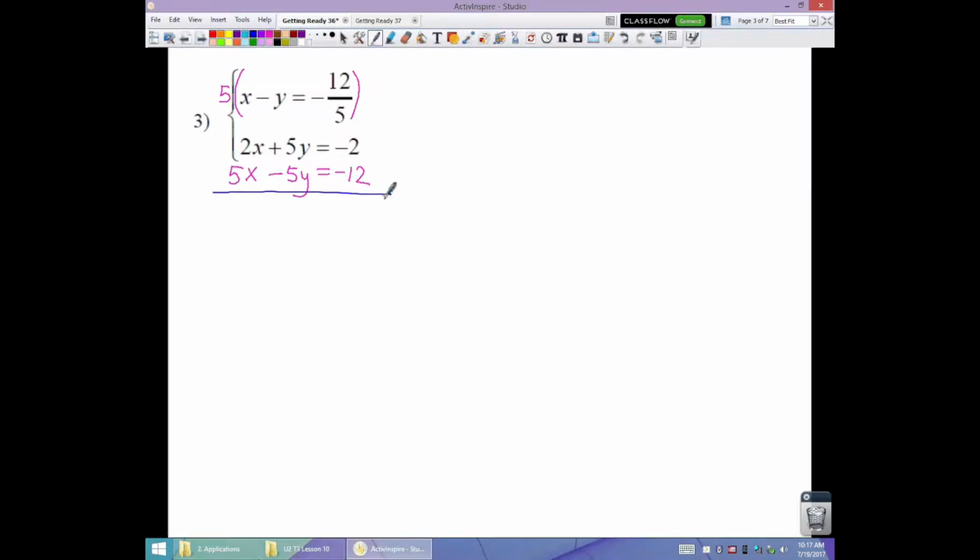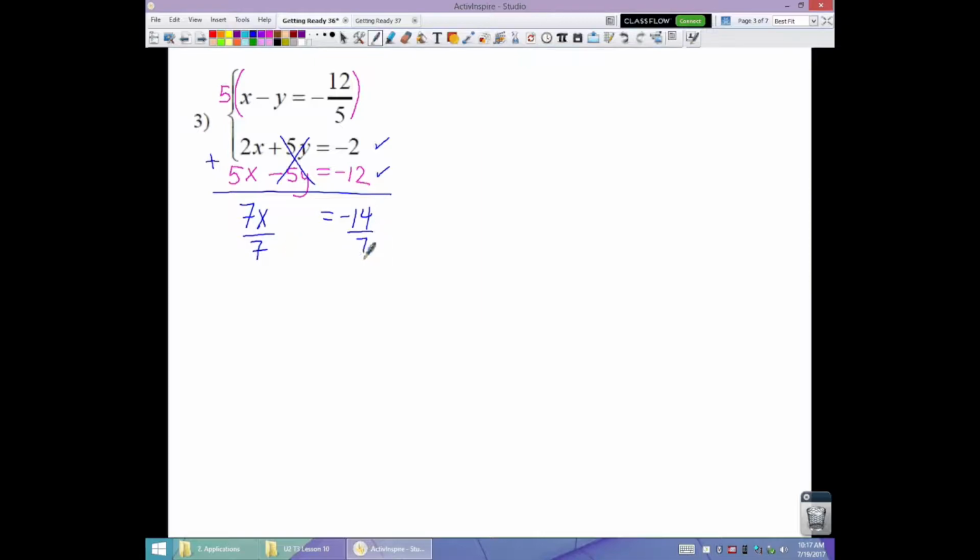And there I have my two equations, the bottom one and the new one, to add together. So 2x and 5x make 7x. The 5y and negative 5y are eliminated. And that is equal to negative 2 and negative 12 is negative 14.